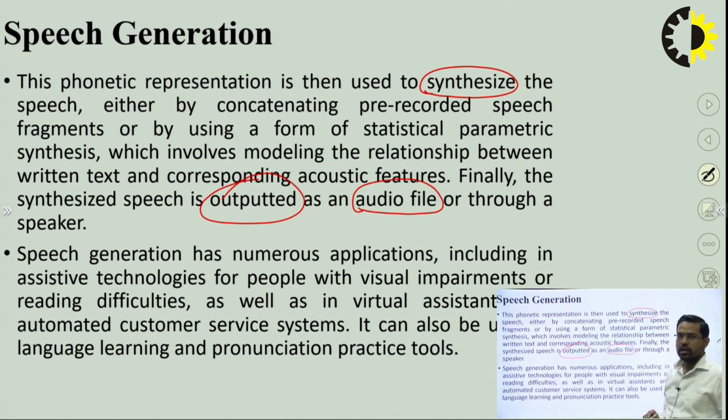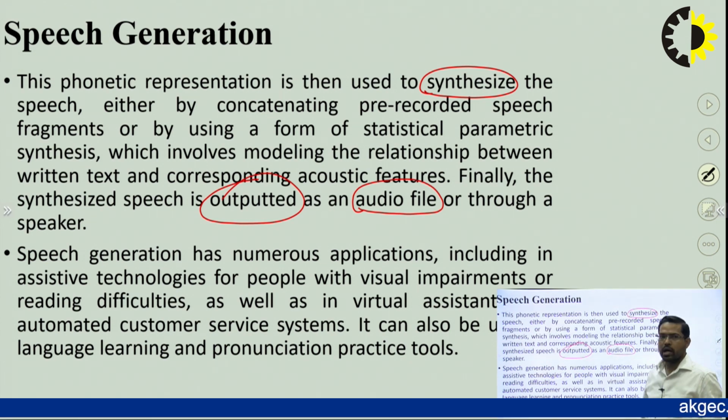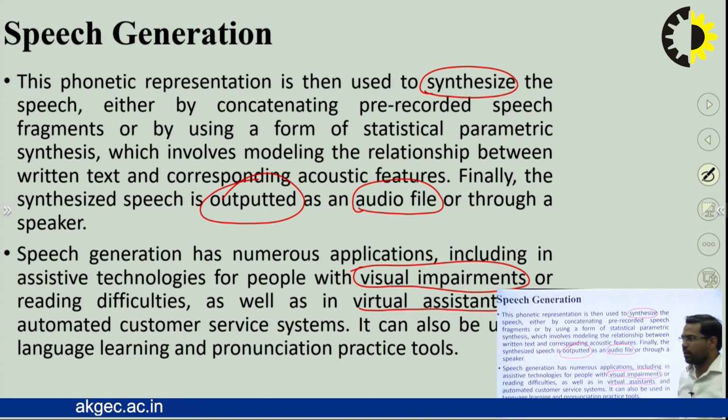or through a speaker. So speech generation has numerous applications, including in assistive technology for people with visual impairments or reading difficulties, as well as virtual assistants and automated customer service systems.